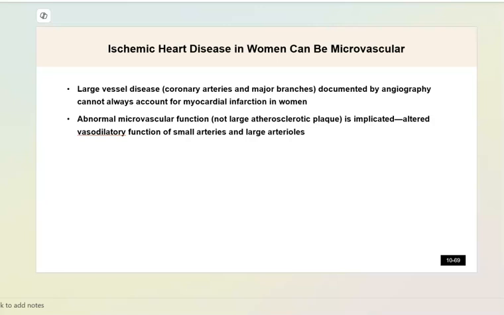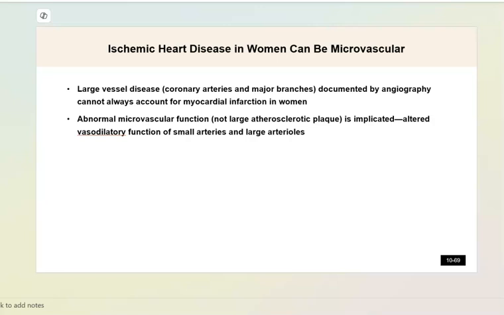And so you're getting this death of small areas or damage to small areas of the myocardium. And it's not because you have a large ruptured atherosclerotic plaque. And so this is very challenging because how do you treat this? What are we going to do for that? So it's kind of this microvascular coronary artery disease or coronary microvascular dysfunction.